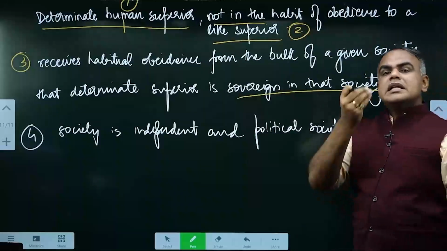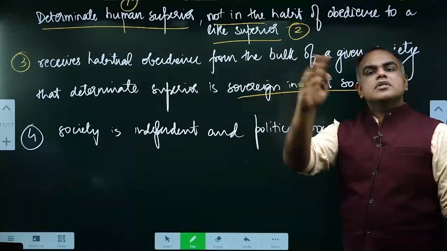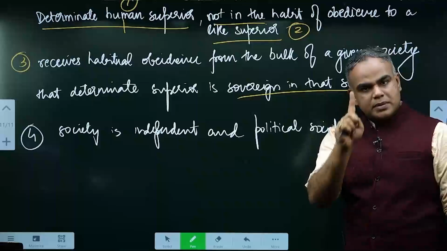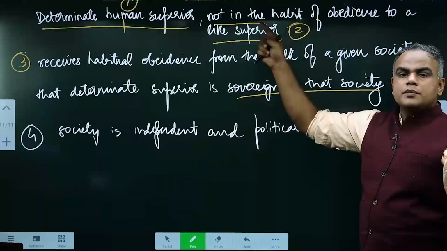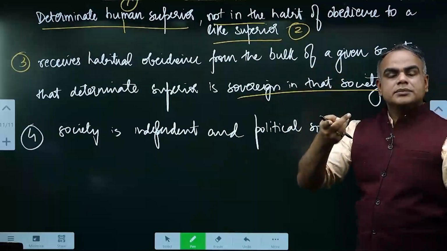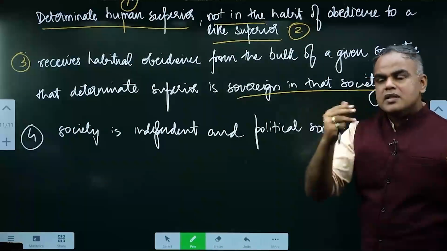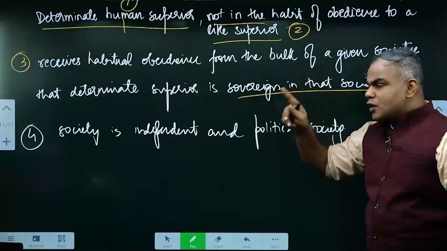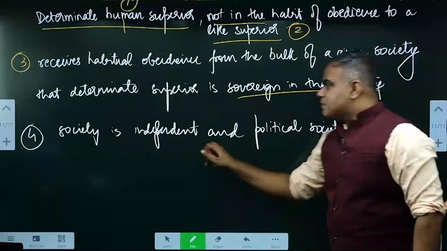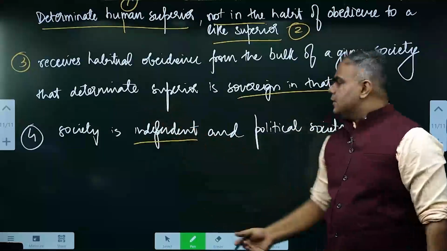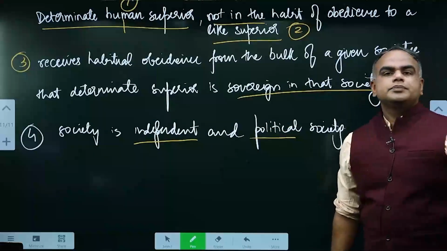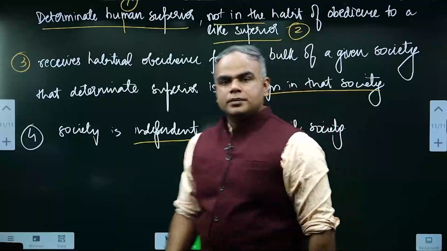If an entity is following another entity, then it is not sovereign. You are only sovereign when you are not obeying anybody else, and your rules and dictums are obeyed by other people. Only then can we say that society is independent, because it is sovereign and political also. That is the core meaning.